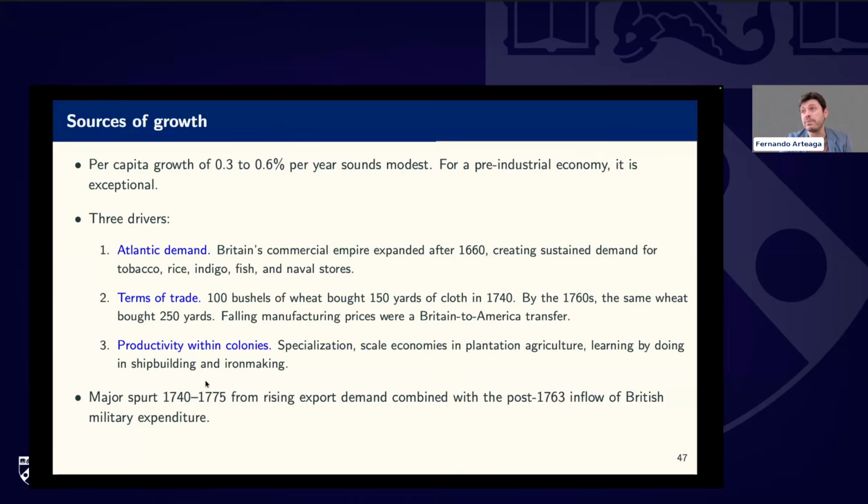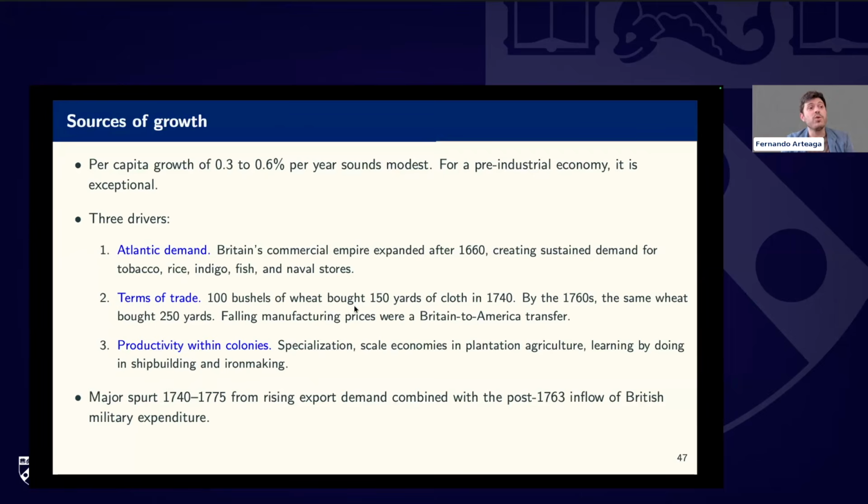there's an improvement in terms of how much the colonies are producing, whatever they are producing, really at the same time that that is occurring, the industrial revolution is also occurring in England. What that means is that, given that England is specialized in production of capital goods, it becomes quite good at that.